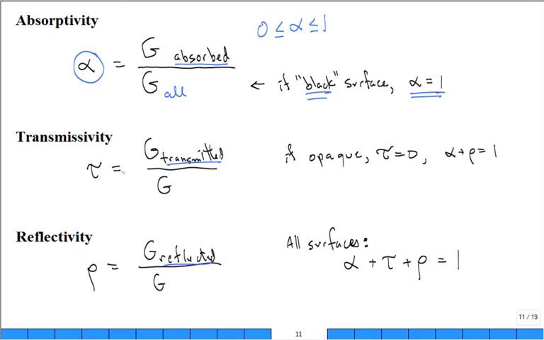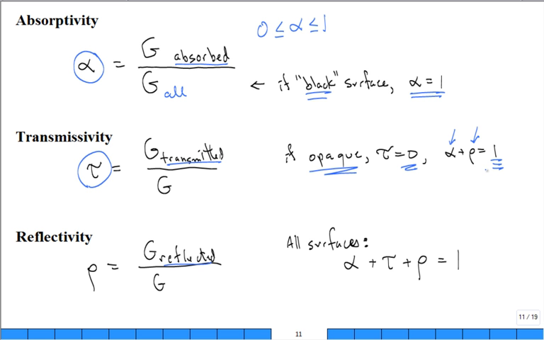Transmissivity, well, that's the ratio of what is transmitted over everything that's coming in. If it's opaque, well, what was opaque? I know this is not a vocabulary class, but opaque surface means you can't see through it. Right. If you can't see through it, what is the transmissivity? 0. And so then we know that either it's absorbed or it's reflected, and that's the only thing that can happen to it, so that they sum up.